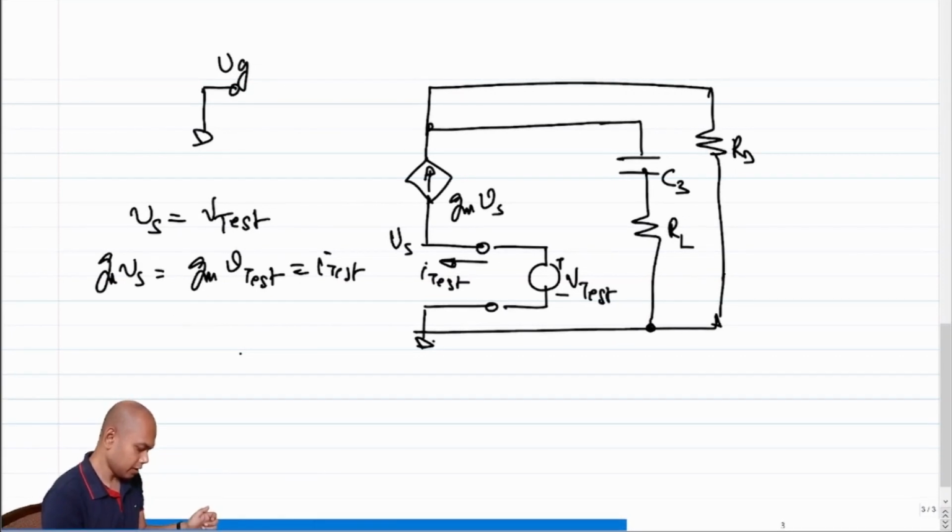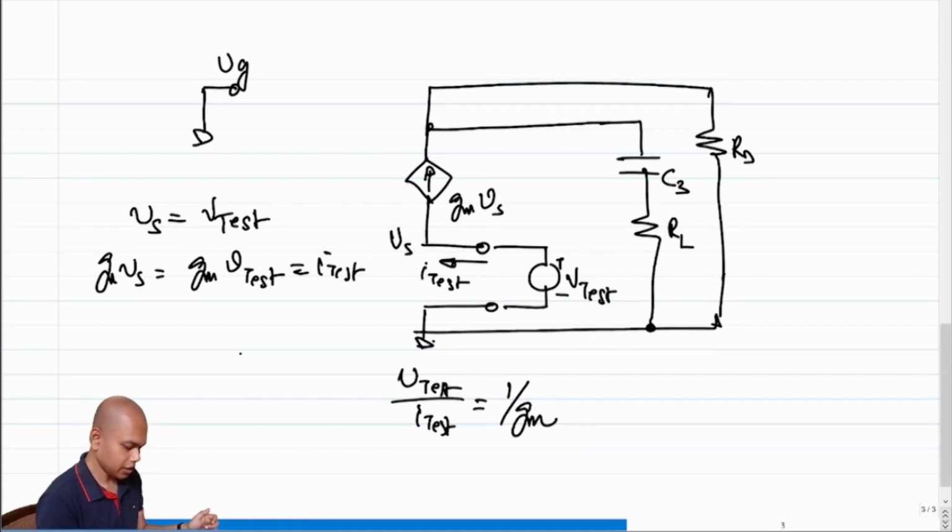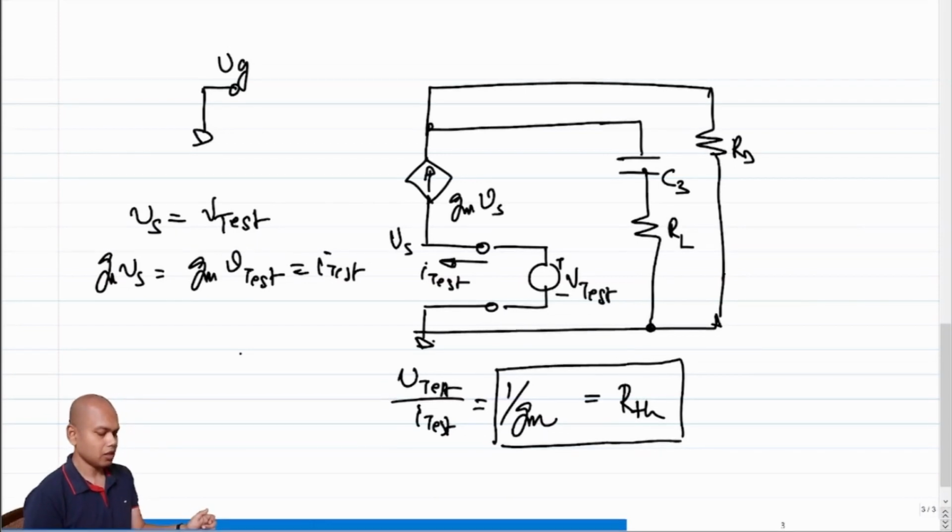Let me write it here. V test over I test becomes 1 over Gm of the transistor M1, right? And this becomes equal to the Thevenin resistance associated with the capacitor.